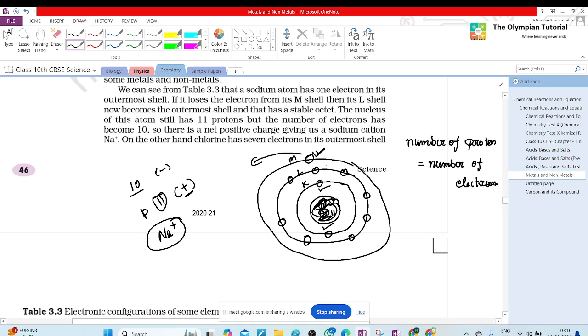No, the electron is given to another element, so there is an extra proton in the nucleus giving a positive charge. Oh, so it's already negative, but when it is given to another element, it gains a positive charge due to this extra proton. There is one positive charge. Okay.